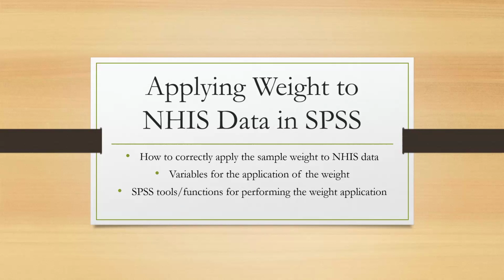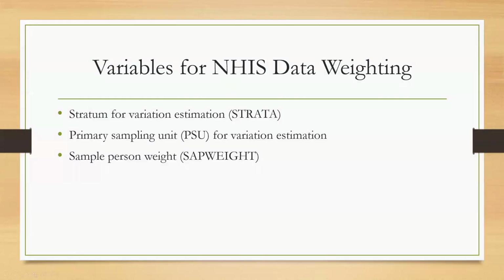So first of all, let us look at the variables used for the weighting process in NHIS. Once NHIS collects their data, there are three variables that are used for the weighting process. The first one is the strata, or stratum, which is for the estimation of the sample variation.